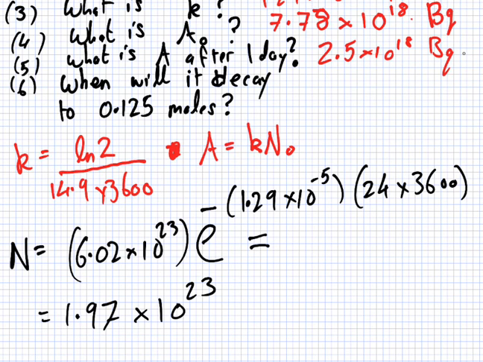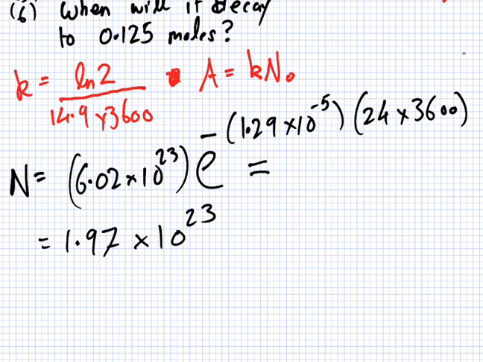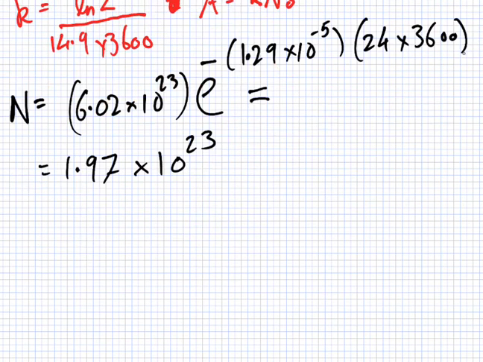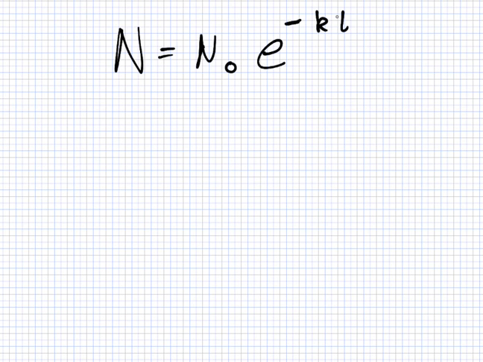The last part is something that should remind you of math class. We want to find the time so that we have this many moles. Now there's a little trick I want to show you. I find this trick very convenient in the exam, so watch carefully. We have n equals n0 e to the minus kt.